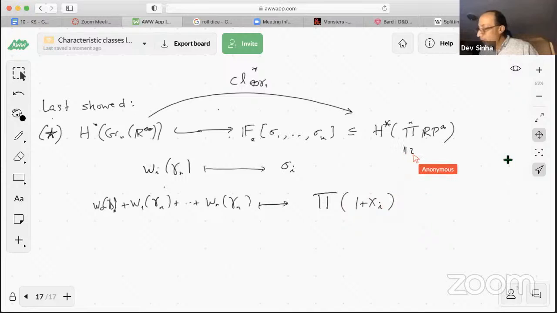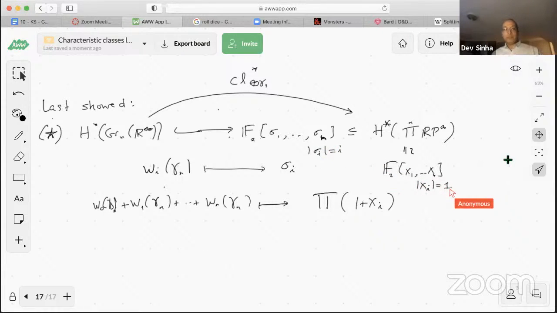So this is the polynomial algebra on x1 through xn. Here, sigma i is in degree i. Here, all the xi's are in degree 1. So I'm going to call this second fact star prime. Okay, so that's what we showed.